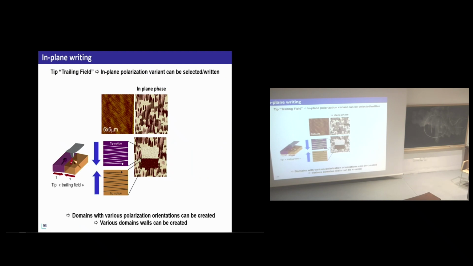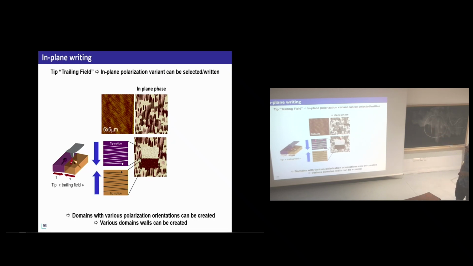I told you that it's possible to write artificial domains out of plane. It's easy to understand. Here, you reversed it. But you can do also in plane. This effect is called trailing field. Here you have in-plane phase, so you know that there is a domain this way.